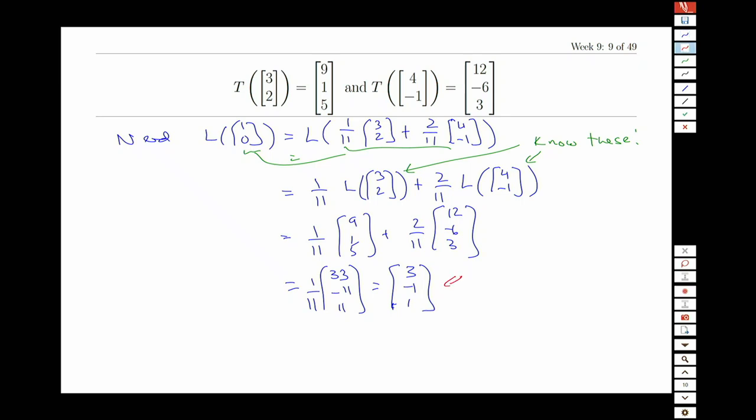And that will be the first column of the standard matrix for L. That's the first column for L.